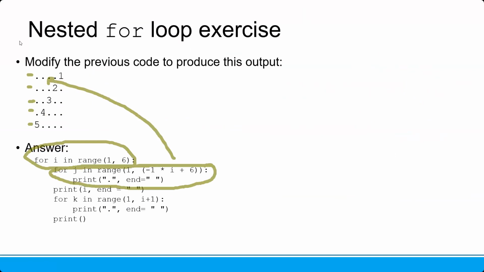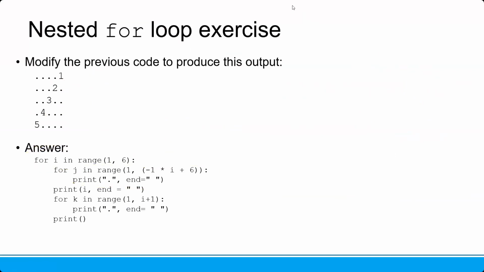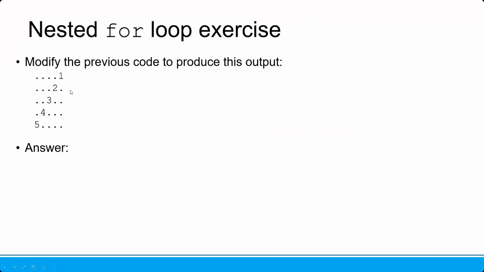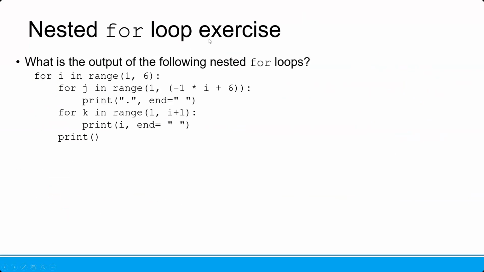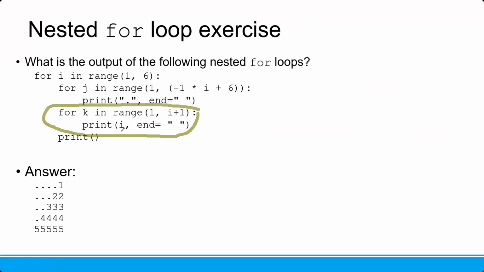And after I print the dot, I would like to print only the number, which is 1, 2, 3, 4, 5. And then after that, I will print another dot. So another dot means this is the same with the previous one. It is the same with this one, but I do not print I, I just print no.